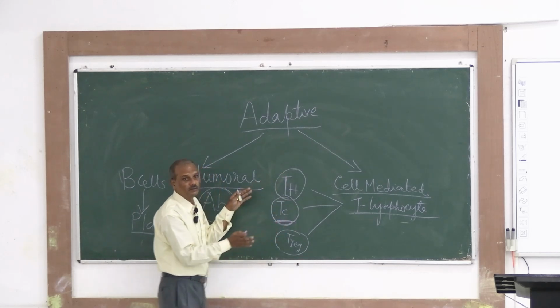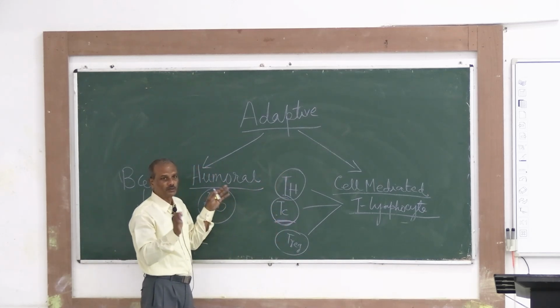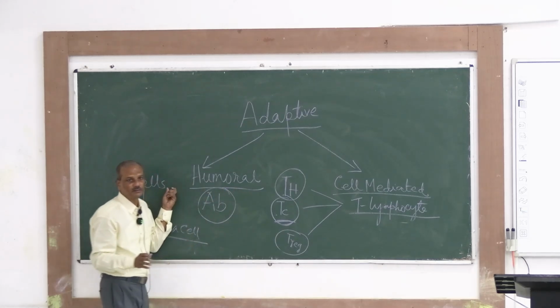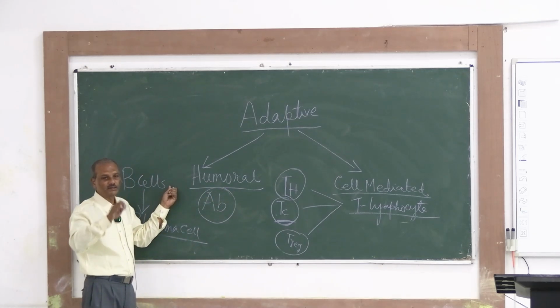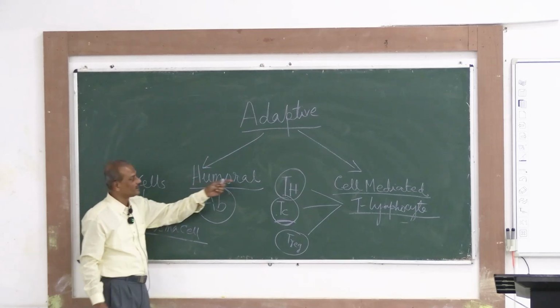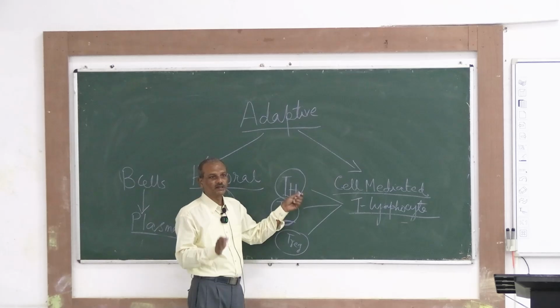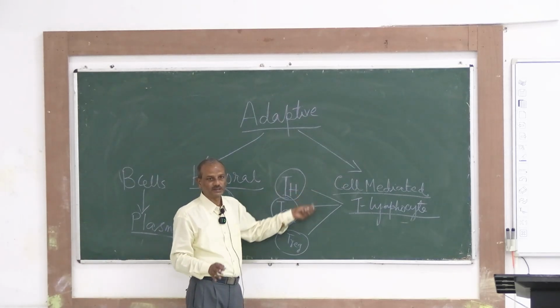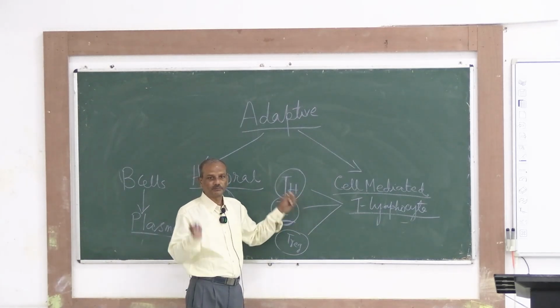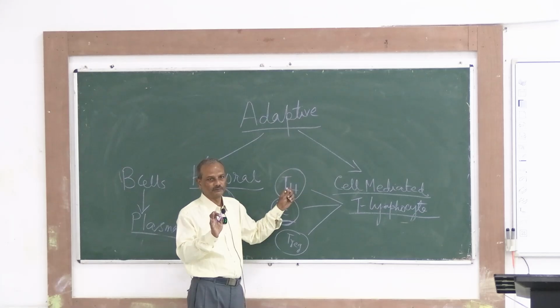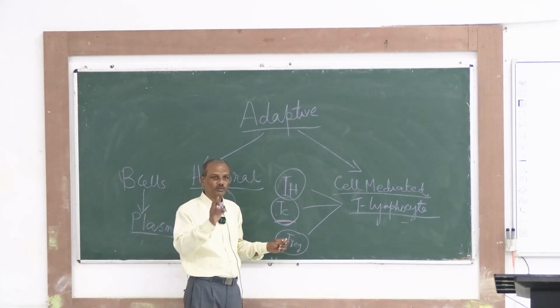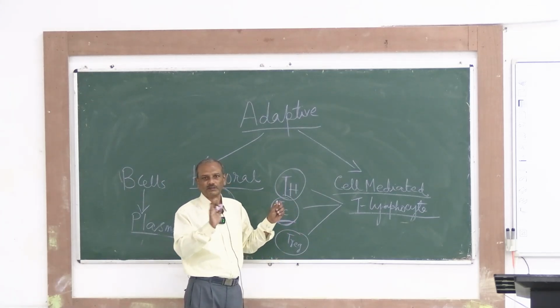Now, when the bacteria or virus are actually within the cell, they cannot be managed by the humoral system alone. Then cell-mediated immunity is mounted. But the response is not exclusively cell-mediated in some cases, like tuberculosis. It is primarily a cell-mediated immunity, but anti-tubercular antibody is also present in our system.